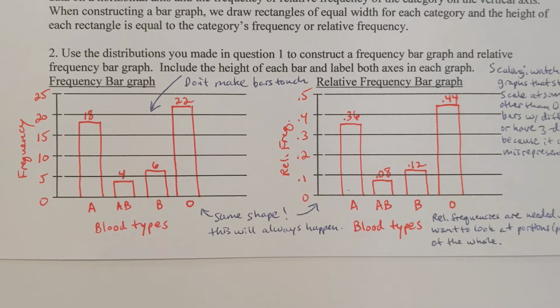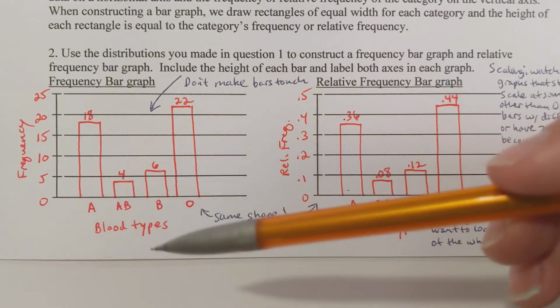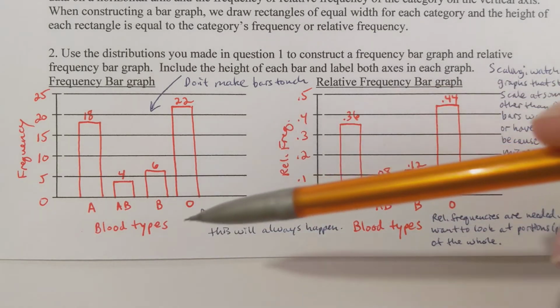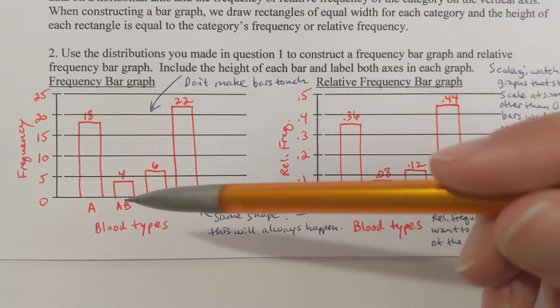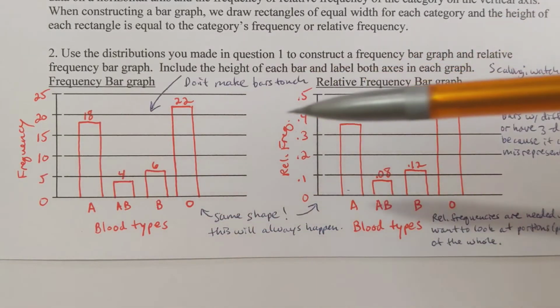Okay, so when I make a frequency bar graph, I need my labels there. So this is my blood types, A, AB, B, and O, and the frequency axis.